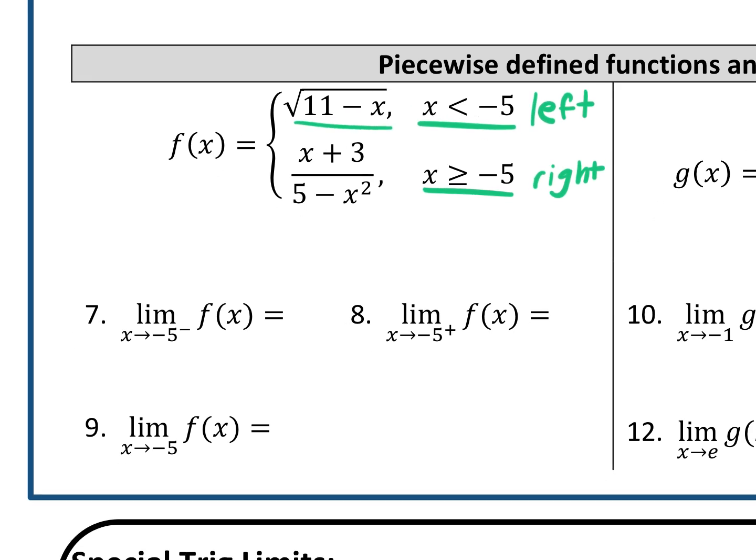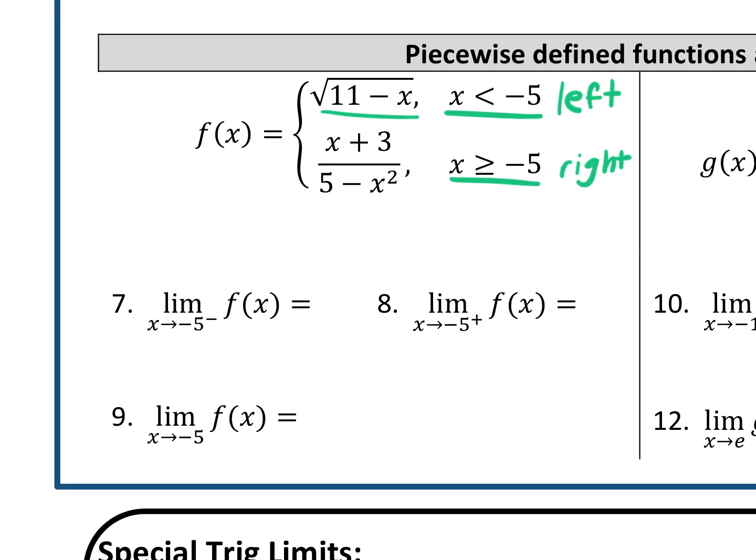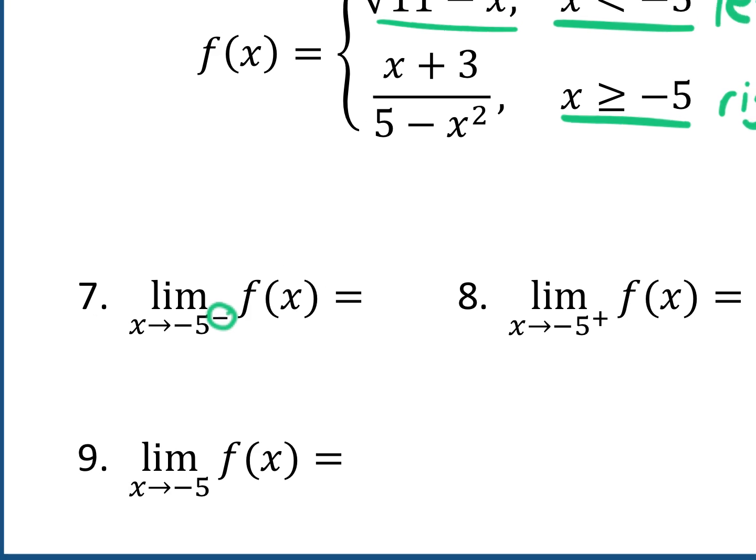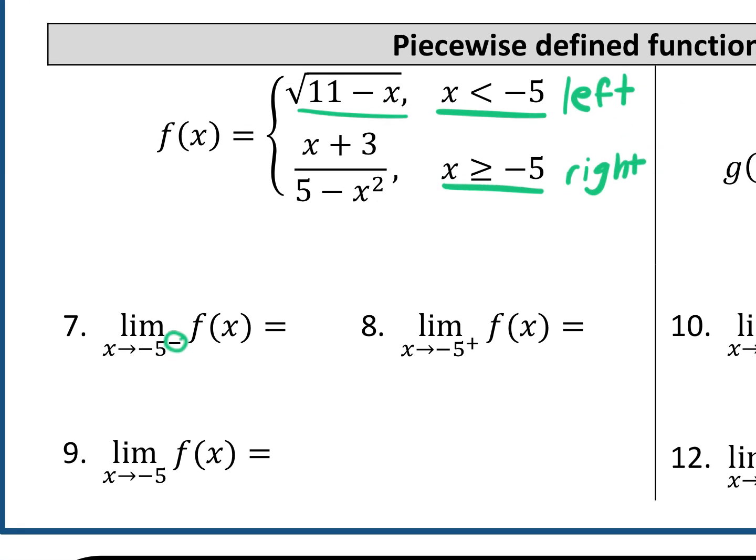So now we can very easily answer these questions, 7, 8, and 9. If I'm looking for the limit as x approaches negative 5 from the left, which function am I going to want to plug into? The top one, because that one is the one that we're approaching from the left.